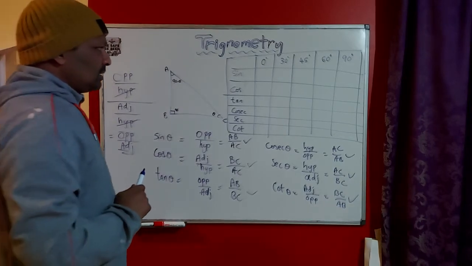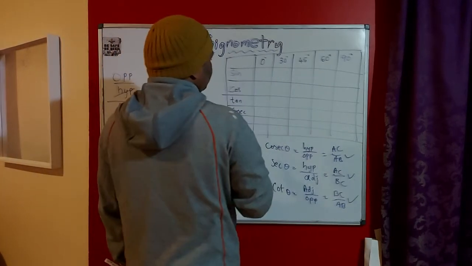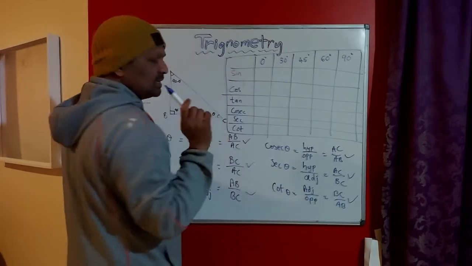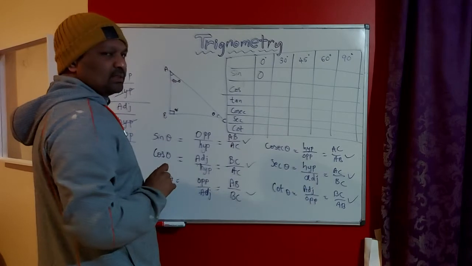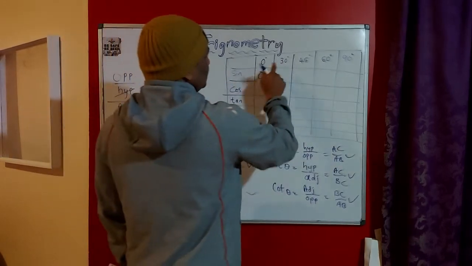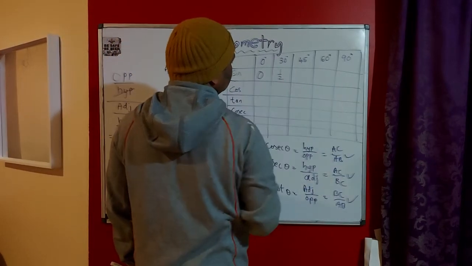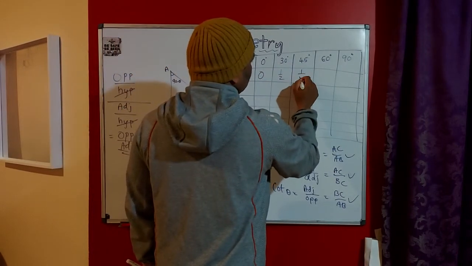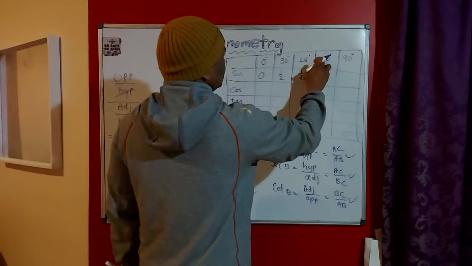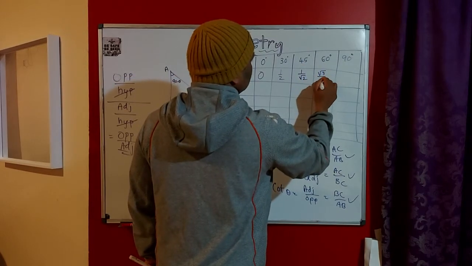For sine theta, sine 0 degrees is 0. Sine 30 degrees is 1 by 2. Sine 45 degrees is 1 by root 2. Sine 60 degrees is root 3 by 2.